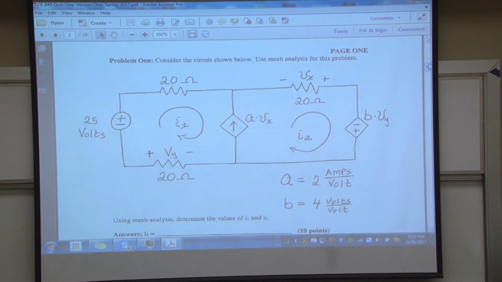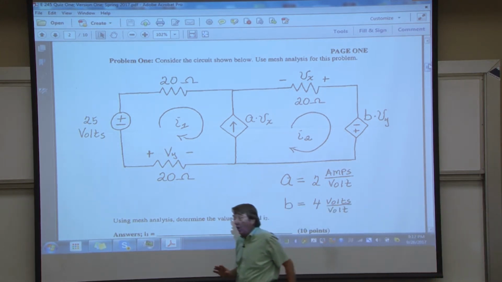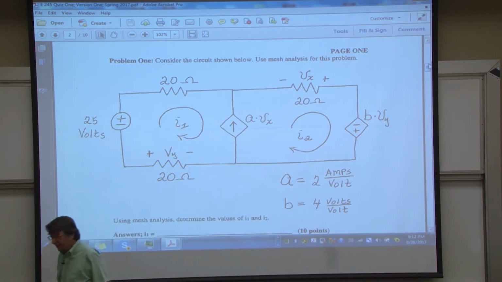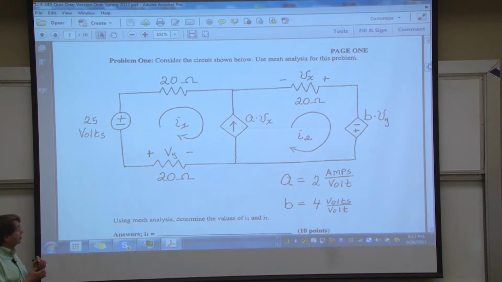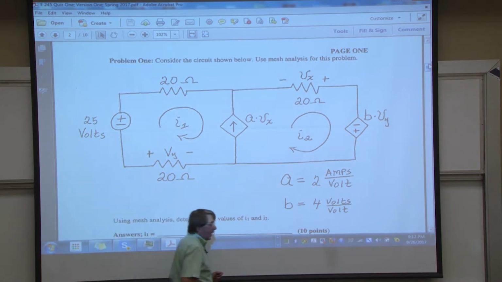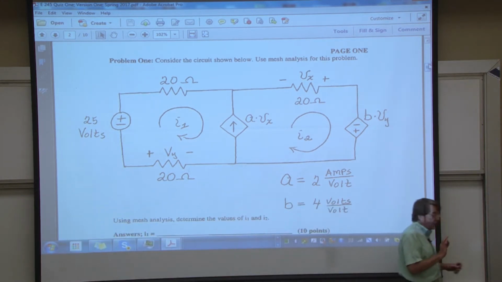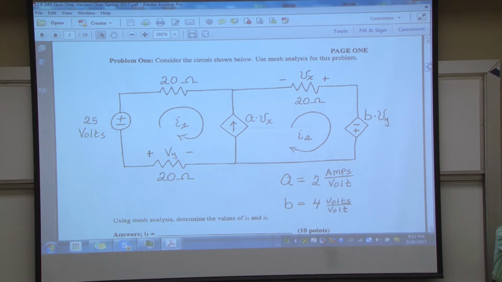All right, now, it says, using mesh analysis. So in this problem, you don't have to worry which technique to use. I tell you. It says, using mesh analysis, determine the values of I1 and I2. To help us get started, I'd like to first just quickly think about the problem. Our colleague here nailed it.